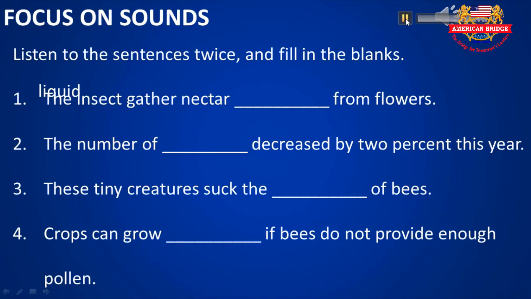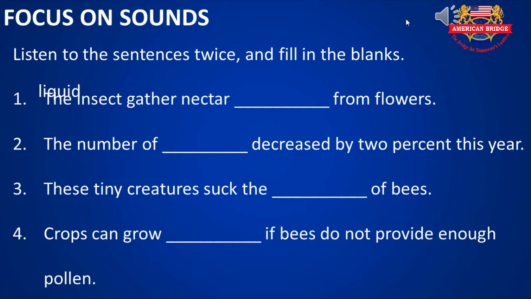Let's go. Number 1. The insects gather nectar liquid from flowers. The insects gather nectar liquid from flowers. Number 2. The number of colonies decreased by 2% this year. The number of colonies decreased by 2% this year.